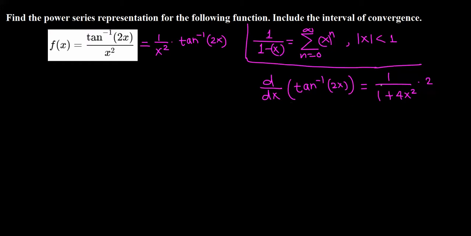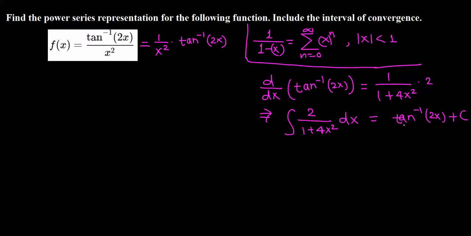So this means if we integrate both sides, the integral of 2 over 1 plus 4x squared with respect to x is tangent inverse of 2x plus c, but that's a minor thing.